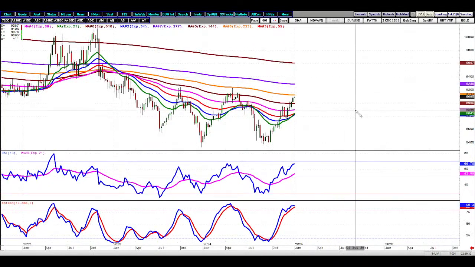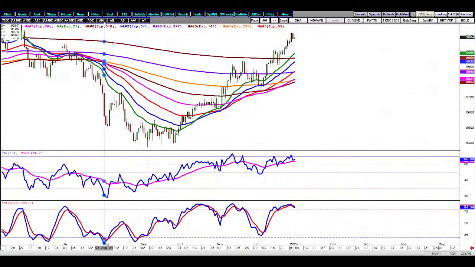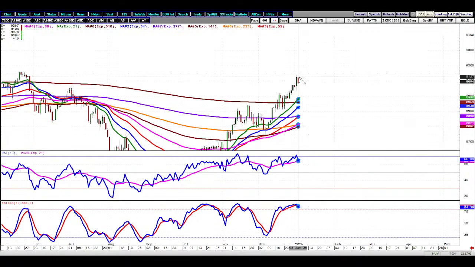Okay, we look on the weekly. Weekly is still supported. Daily, I think we are seeing some weakness. So as of now, I think that 91.25, 91.40 should hold and within this region, 90.40.